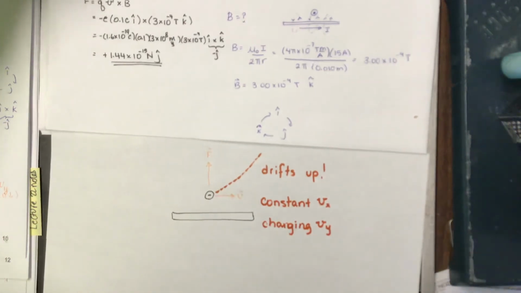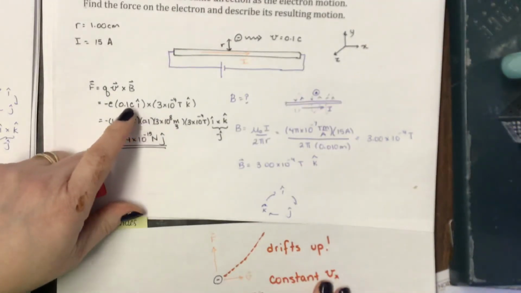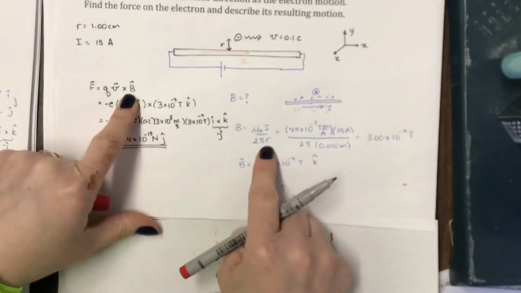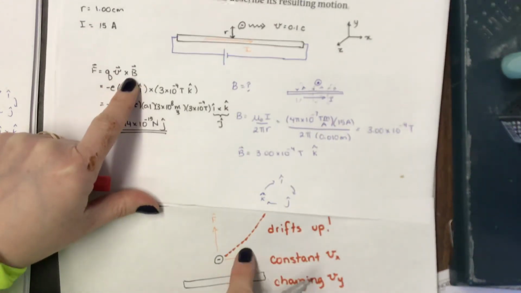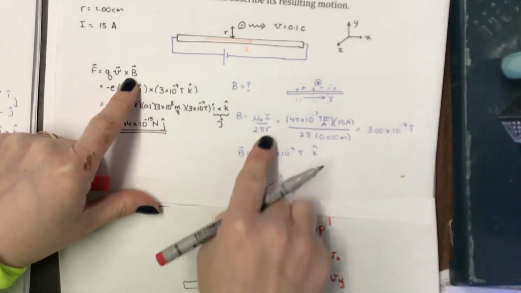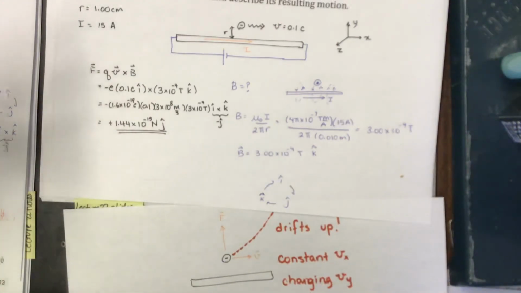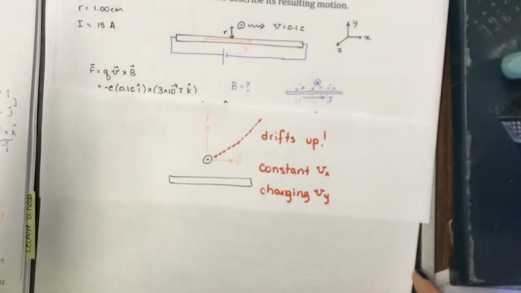But let's think about that acceleration. The force depends on the magnetic field, but the magnetic field depends on how far away it is. As the electron drifts away, this distance changes, so B changes, so force changes. Calculating that final velocity would not be an easy thing to do. So what we'll say for sure is that it changes because the force is going to change. So it definitely moves up with changing Vy.